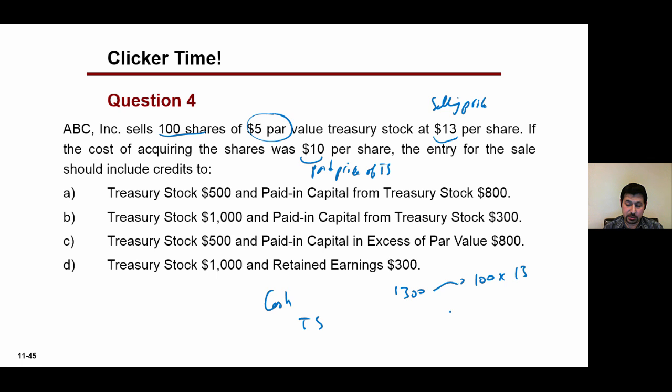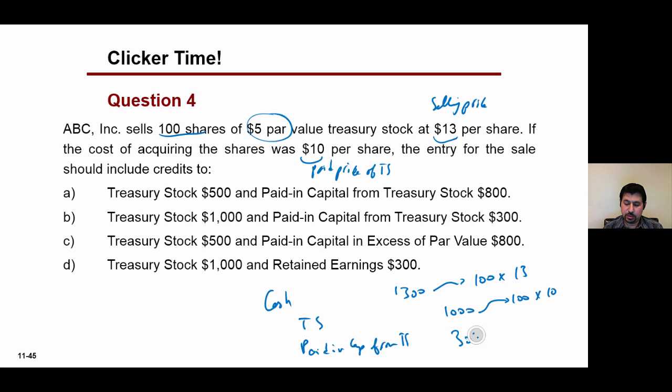the amount that was paid when they acquired it, which was $1,000. Again, this was 100 shares multiplied by $10. And the difference between the two will be credited to paid in capital from treasury stock.